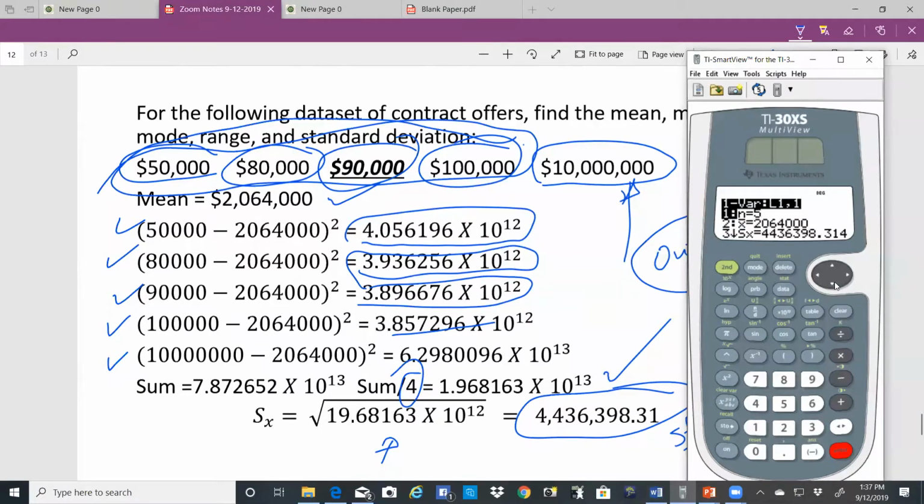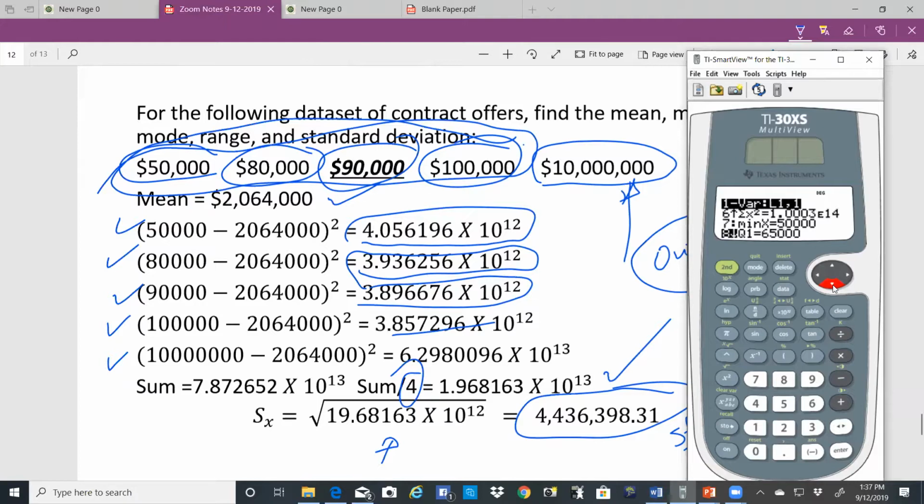So now you go on down. It's got a number of sigma x here, which you don't need to worry about right now. It's got the sum of the x's right there, which is what you would get if you added up all the numbers. It's got the sum of the x squares. And now it has the five number summary. It's got the minimum, 50,000.